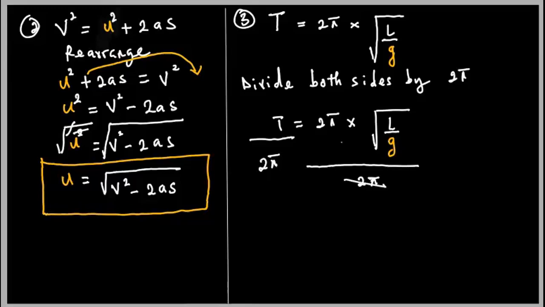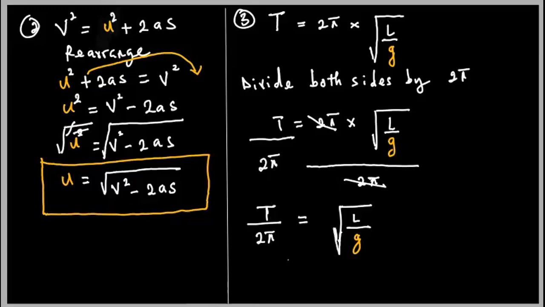So we cancel 2 pi here, and then I have on the left hand side T over 2 pi equal to, what is left on the right, just L over G, as you can see. We have the square root of L over G left on the right hand side.